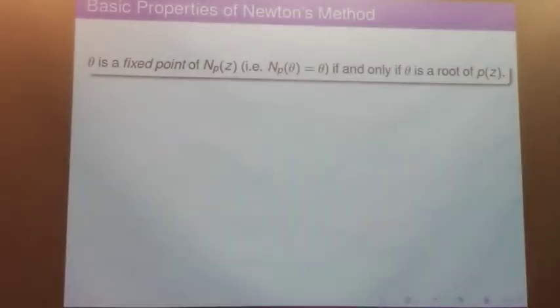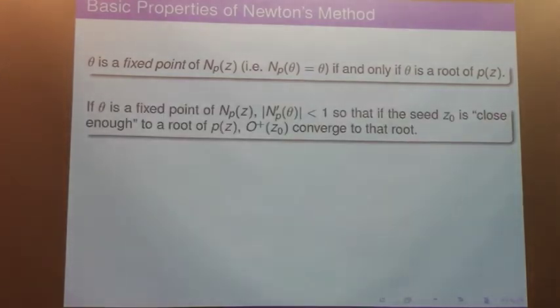A basic property of Newton's method is that theta is a fixed point of Newton's iteration function if and only if theta is a root of p of z. This is not always true for iteration functions. In this case, there are no extraneous fixed points. And if the derivative of Newton's function at theta is less than 1, then when the seed is close enough, the iterations converge.